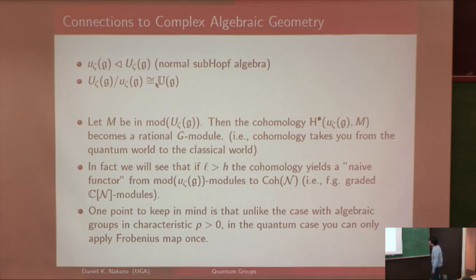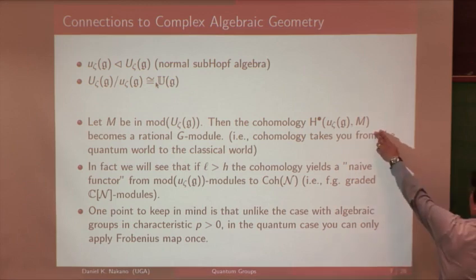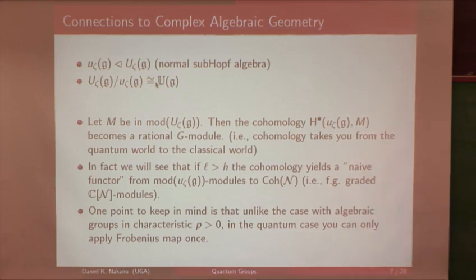Now let's say I take a finite dimensional module in this category over here. What you can do is look at the cohomology over the small quantum group. This module is a module for the big thing, the U zeta G, so this cohomology is also a module for U zeta G. But the small quantum group is going to act trivially on here, so it's going to be a module for the quotient, the universal enveloping algebra.